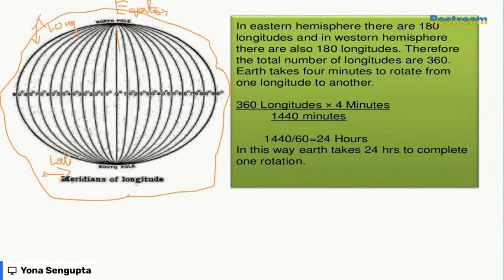Okay, so this is the North Pole. Here we have, right? So this you can say is 0 degree. This is the east, okay? This is the west.